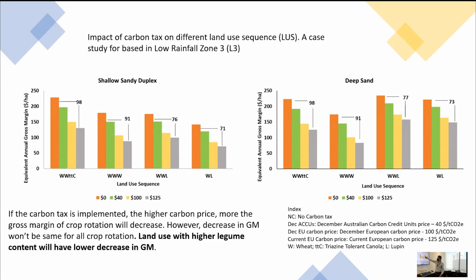The number up here is the difference between the gross margin with no tax and the gross margin with the highest tax. So the key message is that land use sequences with more lupin will have a lower difference in gross margin, because the legume is putting in nitrogen, so you won't be using as much fertilizer, which will decrease your carbon footprint. Hence, you'll be paying lower carbon tax on those.